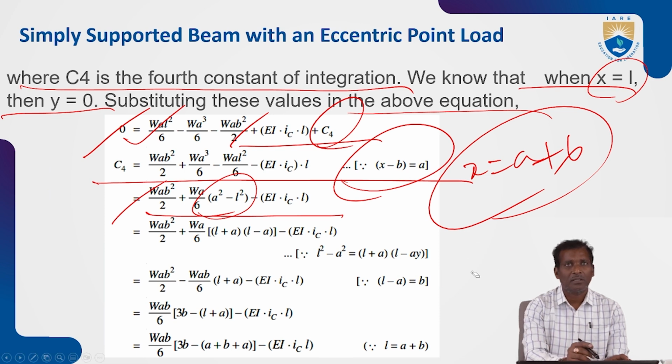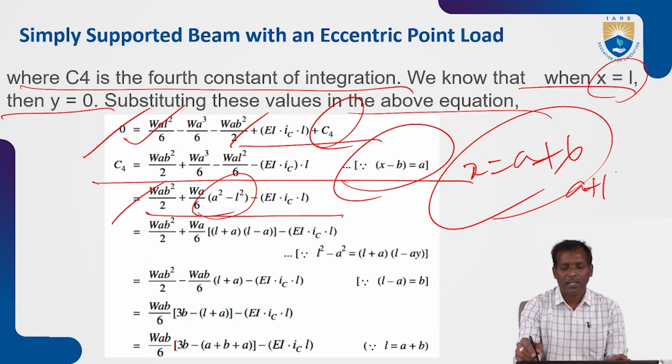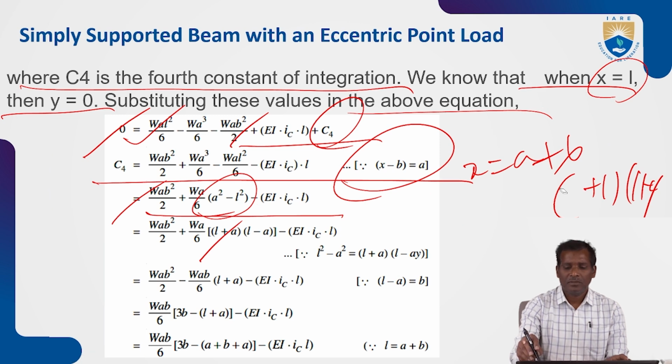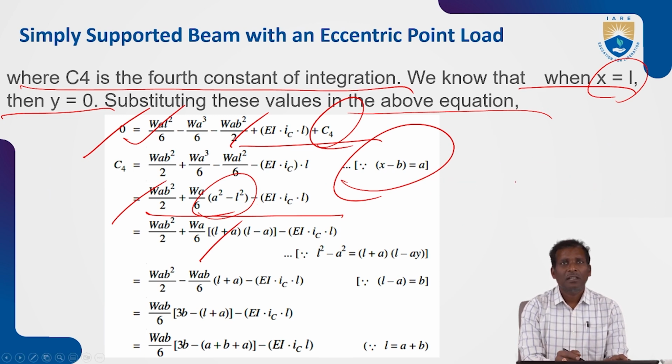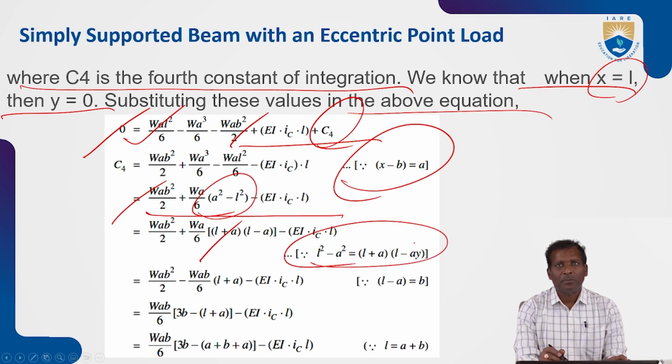So that a square minus L square is equal to minus L plus a into L minus a. Again, it is already given here: L square minus a square is equal to L plus a into L minus a.